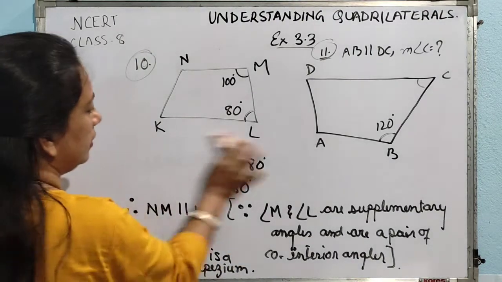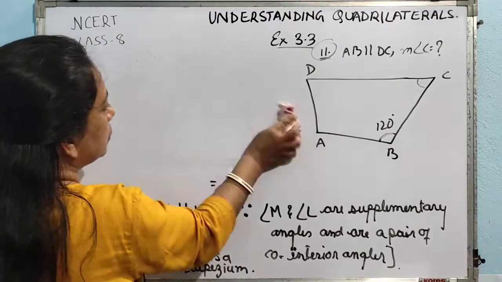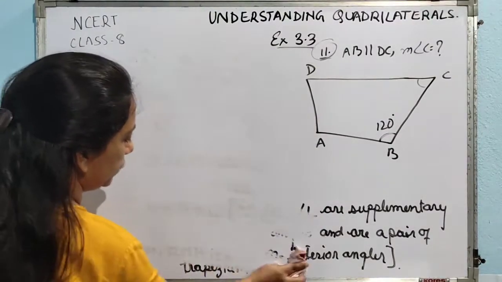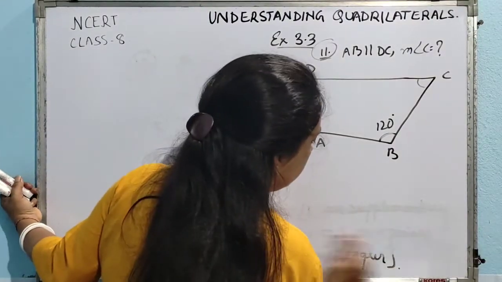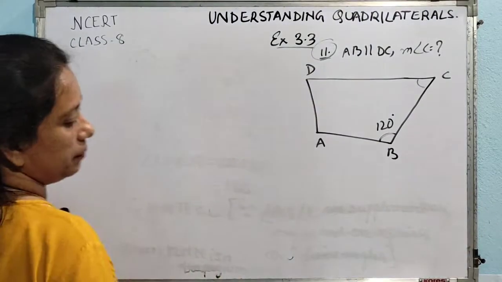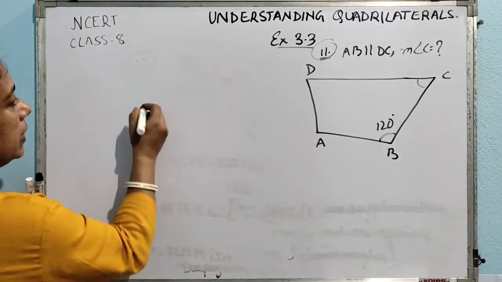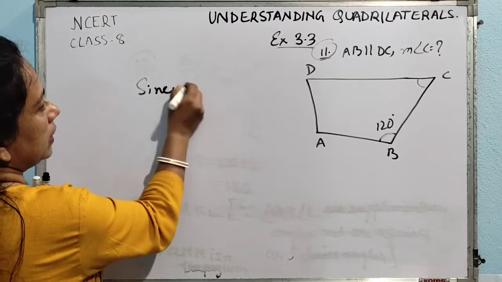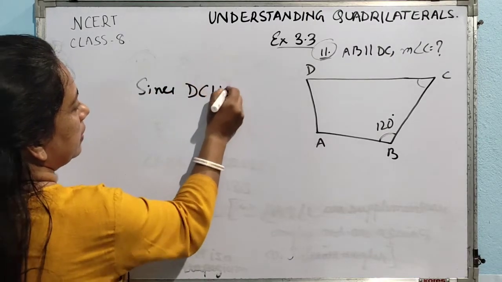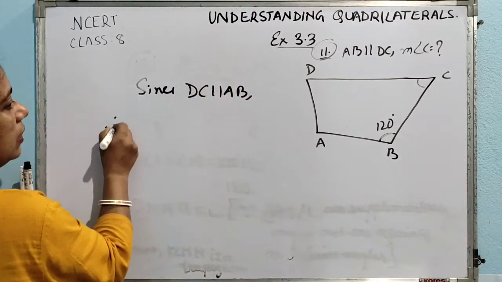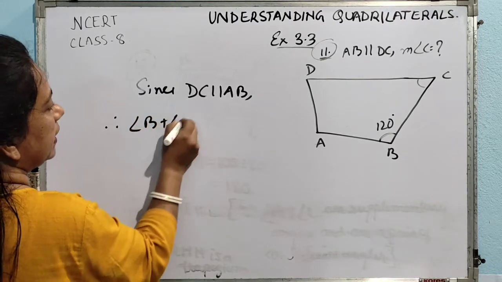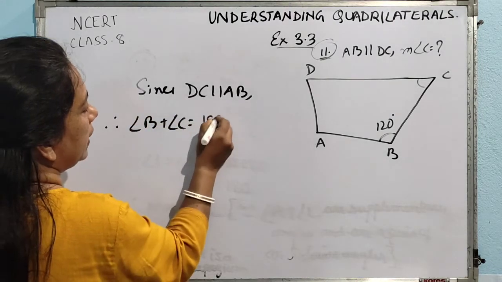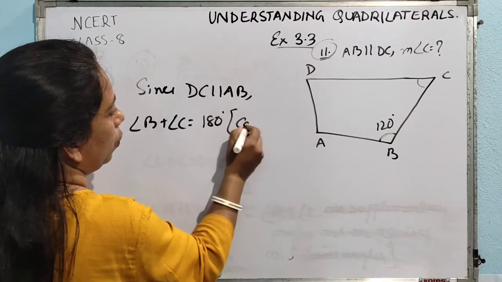Just the reverse of this one. Here the two angles were supplementary and you need to prove that they were parallel, and here it is given that they are parallel. So, just write, since DC is parallel to AB, therefore angle B plus angle C is equal to 180 degree. What is the reason?